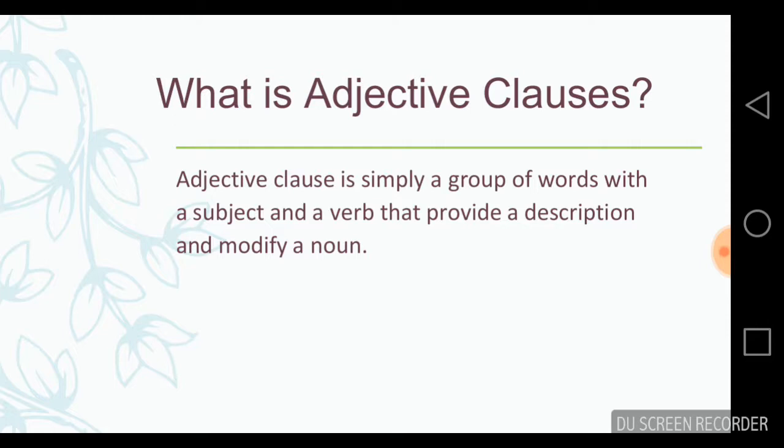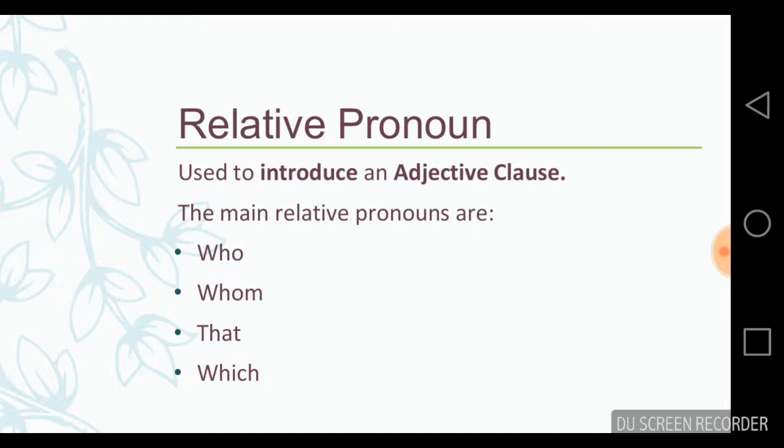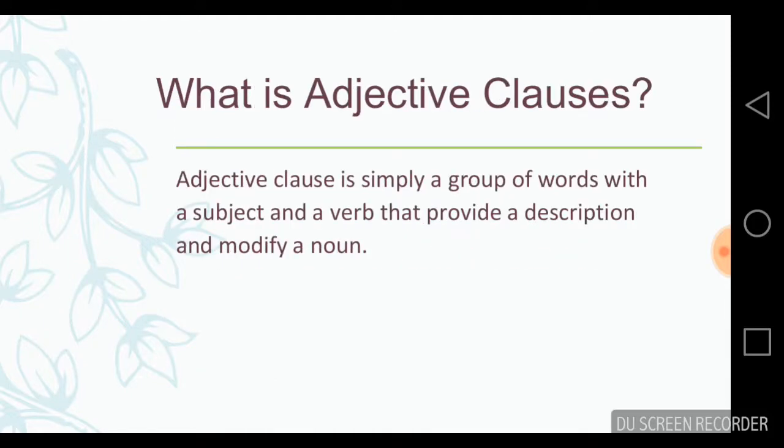What are adjective clauses? An adjective clause is simply a group of words with a subject and a verb that provides a description and modifies a noun. The clauses start with a relative pronoun such as who, whom, that, or which, or an adverb such as when, where, and why.